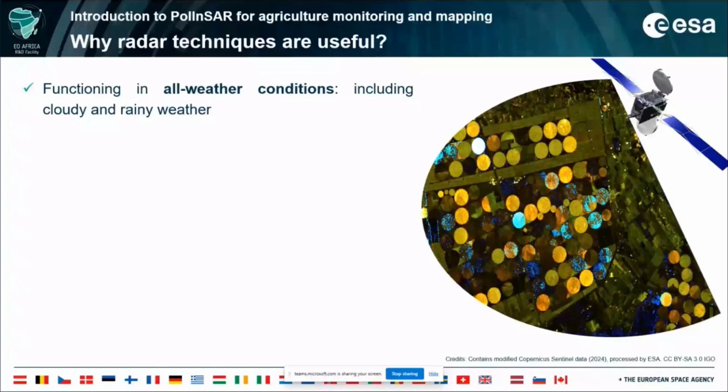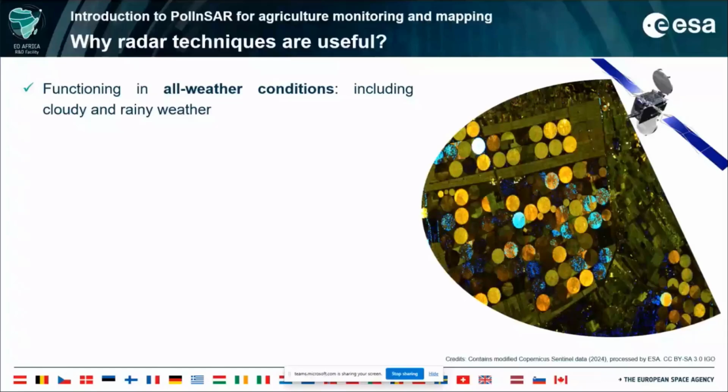A significant advantage of microwave radiation is its ability to penetrate cloud cover and even rain. In addition, SAR sensors are active in that they transmit their own electromagnetic signal to illuminate a scene and are not dependent on the target being in sunlight.